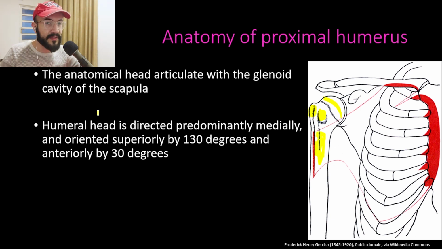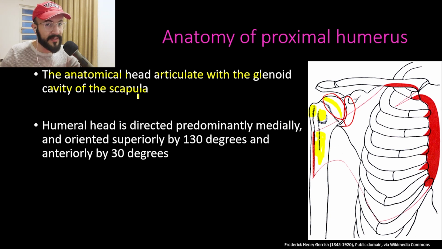Starting with the anatomical head, it articulates with the glenoid cavity of the scapula bone. This is the anatomical head, and you can see that it is articulating with the scapula bone to form the shoulder joint here.